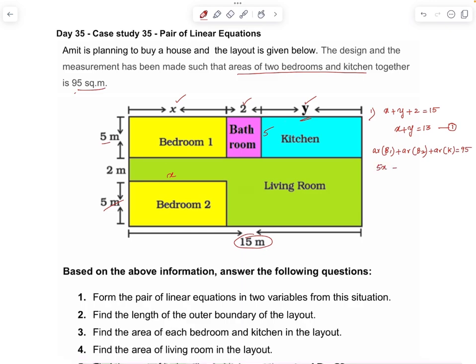So 5x plus 5x plus 5y is 95. 10x plus 5y is 95. Dividing the entire equation by 5, we get 2x plus y is equal to 19. This is second equation. So we have framed two equations for this situation.